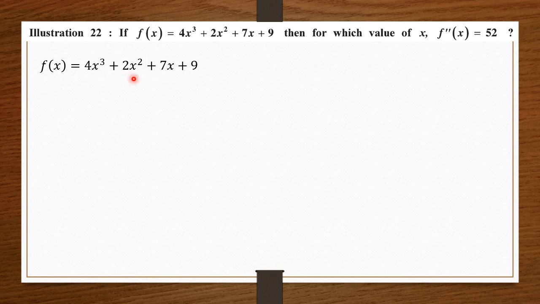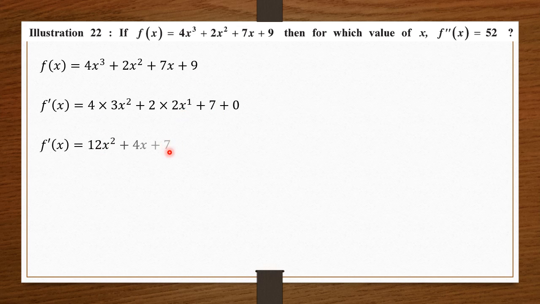f(x) is 4x cube plus 2x square plus 7x plus 9. Now this x cube will become 3x square, x square will become 2x, and this x will become 1. So that is how I am going to write it down. 3x square into 4, 2 into 2x raised to 1, 7 into 1 is 7, and 9 becomes 0. And when I simplify this, 4 3s are 12x square, 2 2s are 4x plus 7, 0 will be removed.